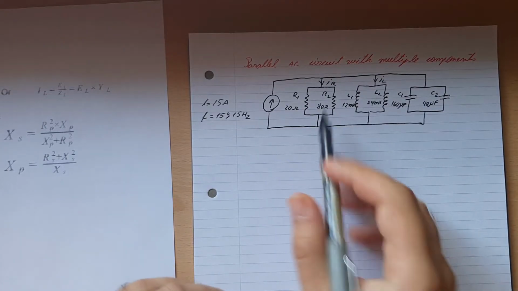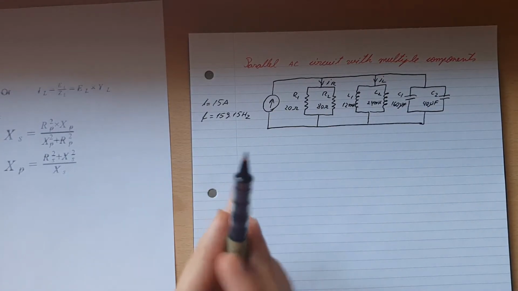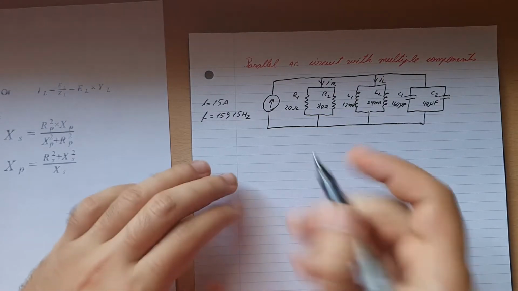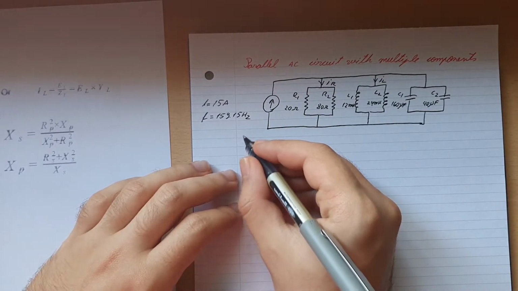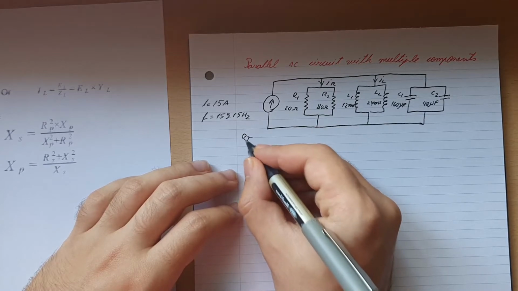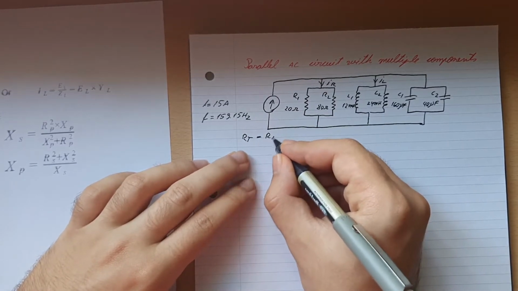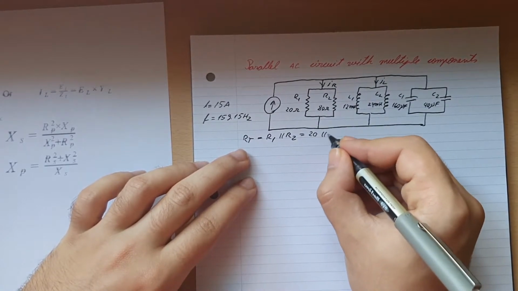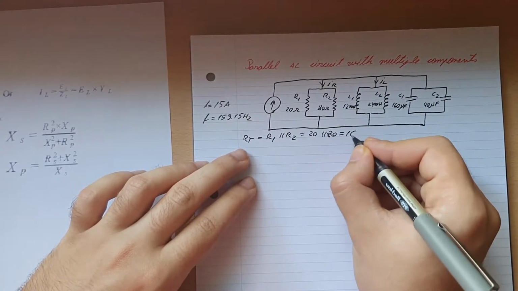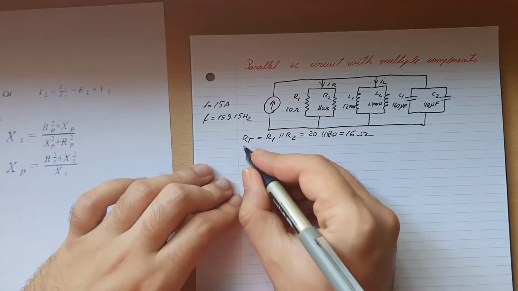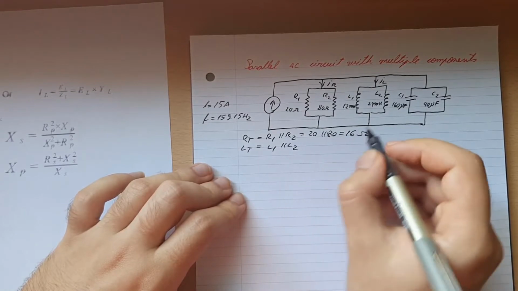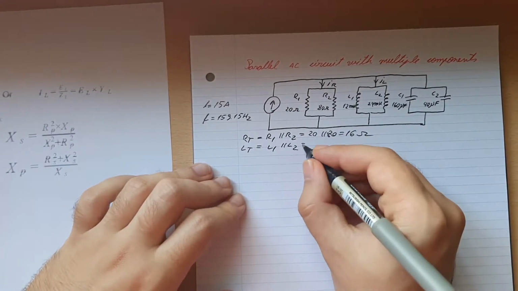Well, first we calculate these values that are in parallel and make them into only one parallel system. So RT will be equal to R1 parallel with R2, that is 20 in parallel with 80, which is equal to 16 ohms. LT will be equal to L1 parallel with L2, because inductors work like resistors when it comes to this.